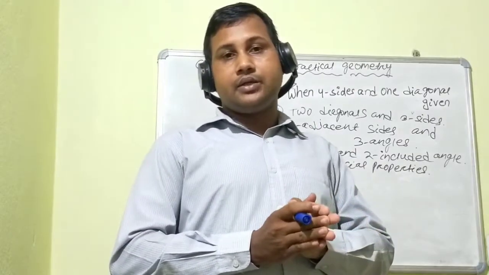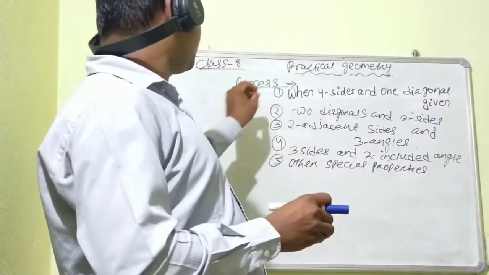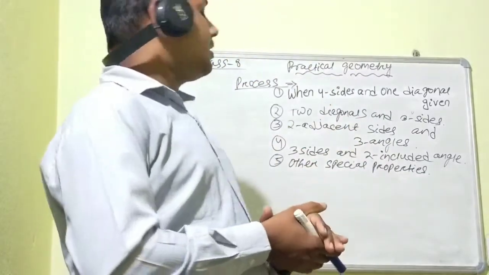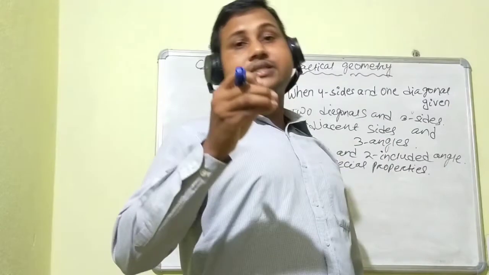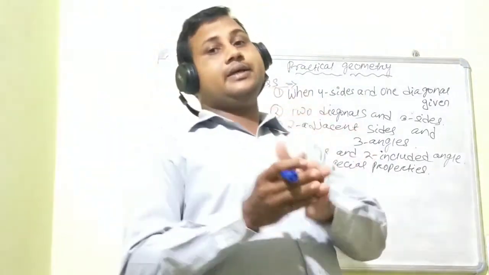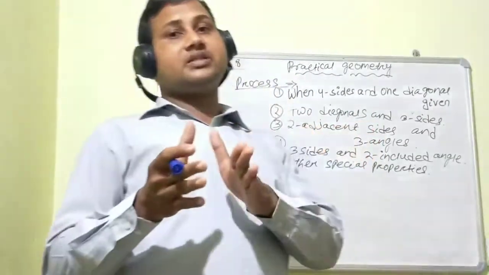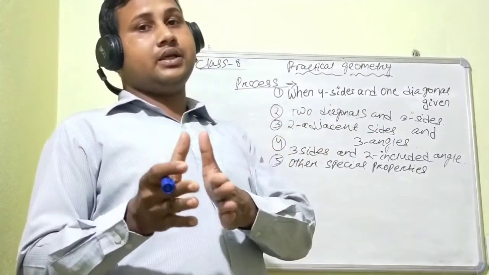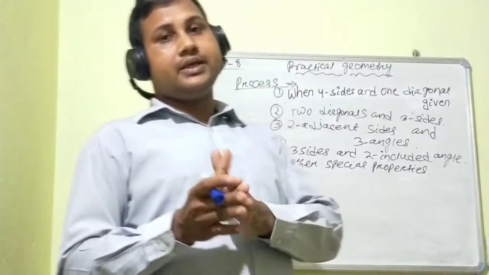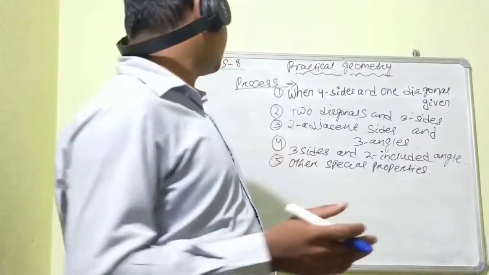Also we should remember one thing: for construction of a quadrilateral, we need some procedures. We can take any elements from the eight elements, that is four sides and four angles. So let us discuss the process.